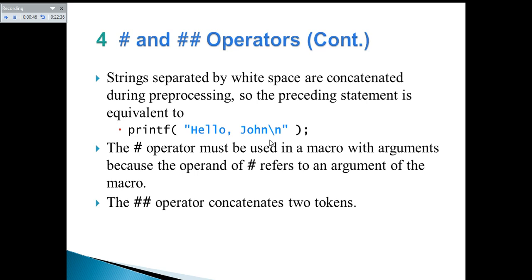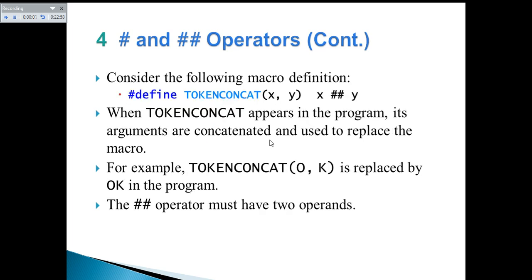If you want to use the ## operator for concatenation, then you have two tokens. One token is on one side of the ##, and another token is on the other side. Then if you want to concatenate them, you can use the ## operator so that it concatenates two tokens. Consider the following macro definition: #define TOKENCONCAT(x, y) x ## y. When TOKENCONCAT appears in the program, its arguments are concatenated and used to replace the macro.